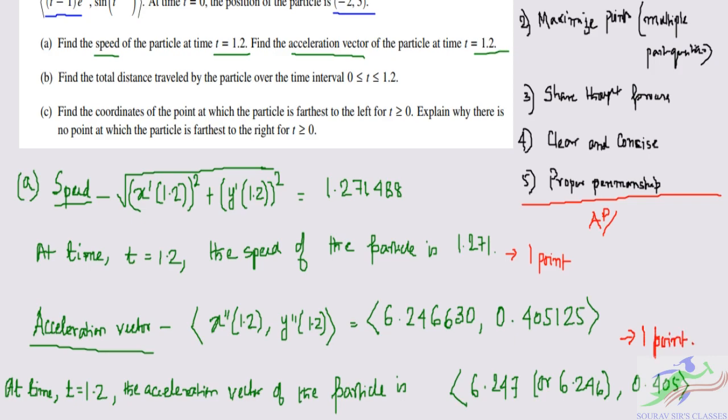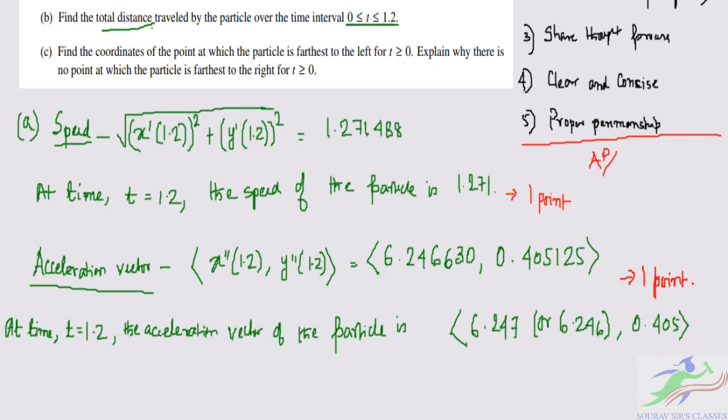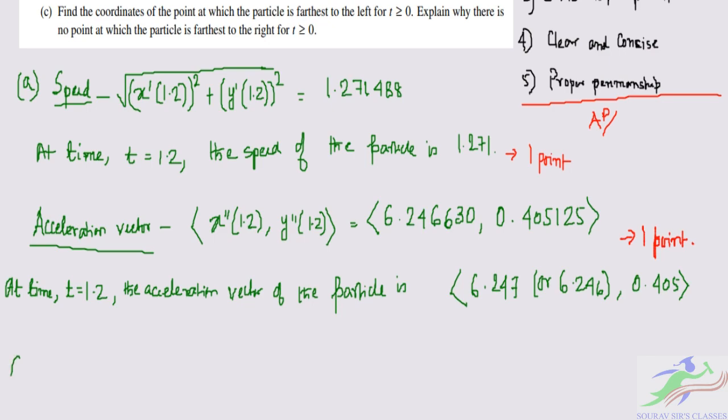So let's check part B. We have to find the total distance traveled by the particle over the time interval 0 to 1.2. First, what will be the integrand to find the total distance?